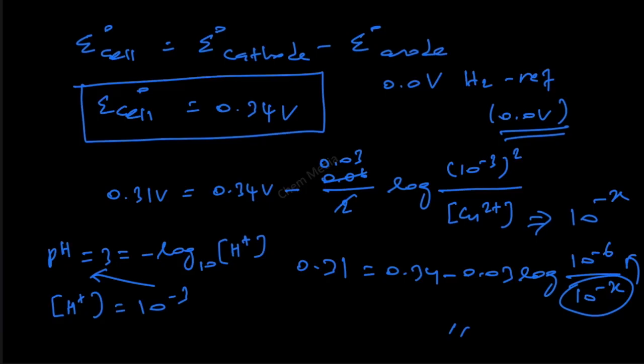So therefore it would be log 10 to the power x minus 6, isn't it? So this x minus 6 we can bring it to the front. Therefore 0.31 is equal to 0.34 minus 0.03 times x minus 6, log 10 base 10 is 1.